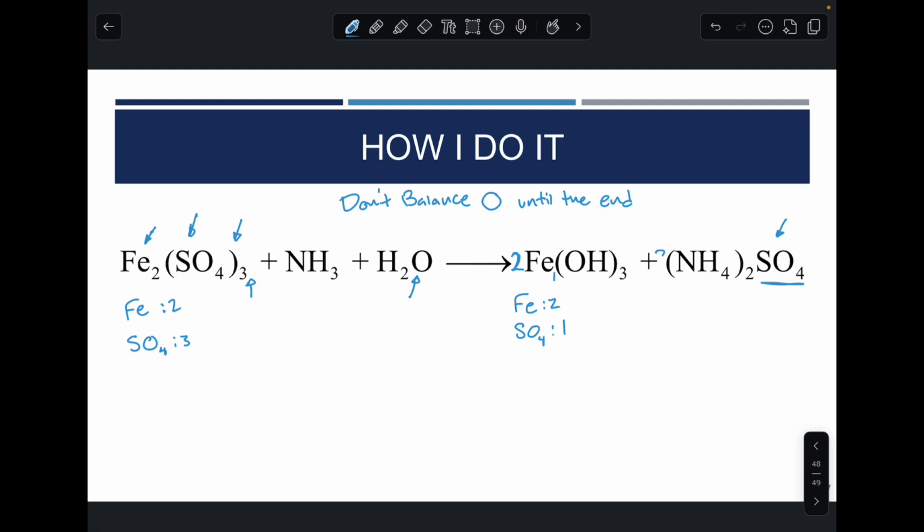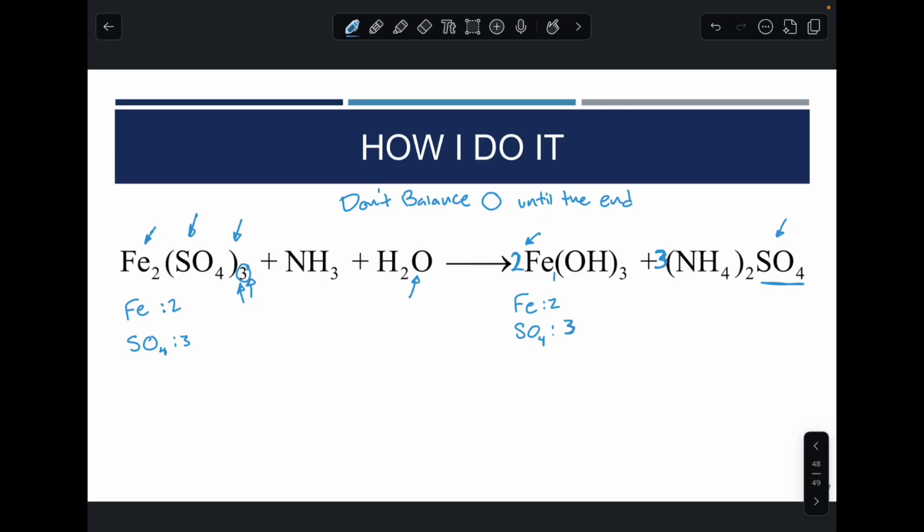So we have to multiply this entire thing by 3. And so keep in mind, you're never going to change the values that are subscripted. Those are always going to stay the same. You can change the multipliers that are to the left of the values you're looking for. That's totally fine. So once we multiply that SO4 by 3, we get 3 SO4s.